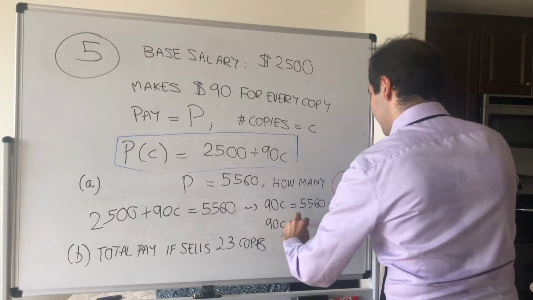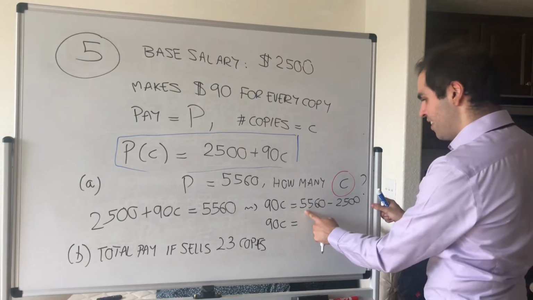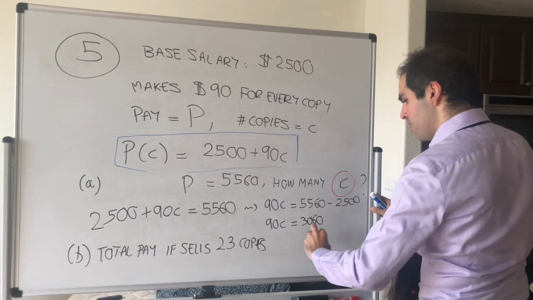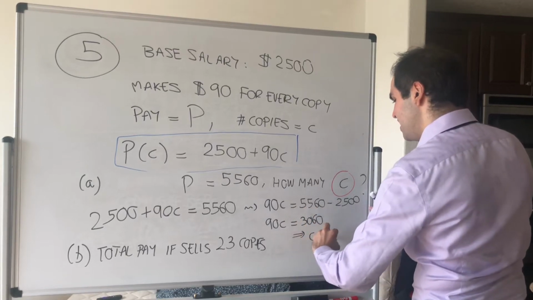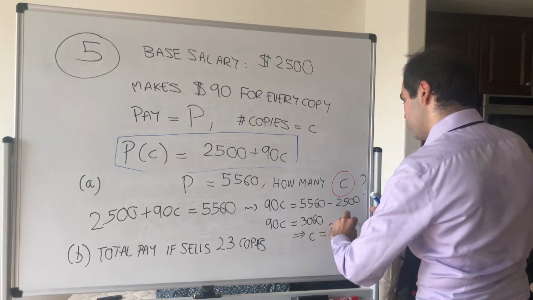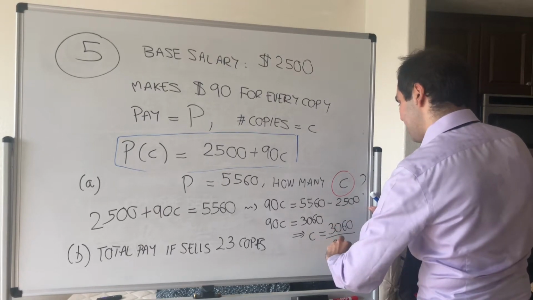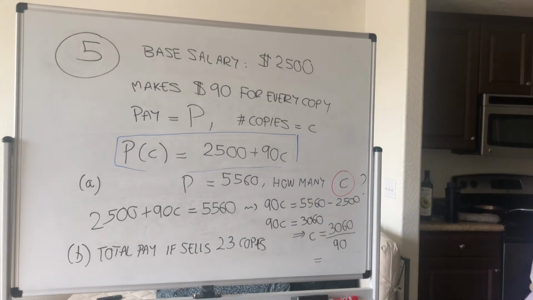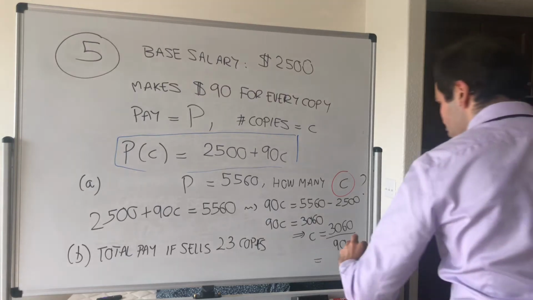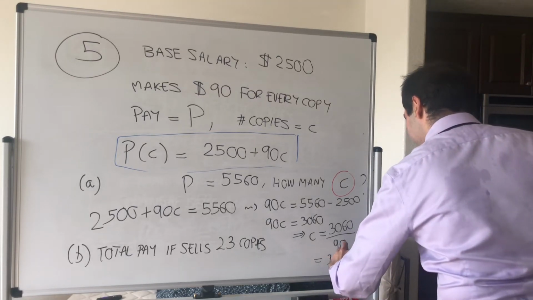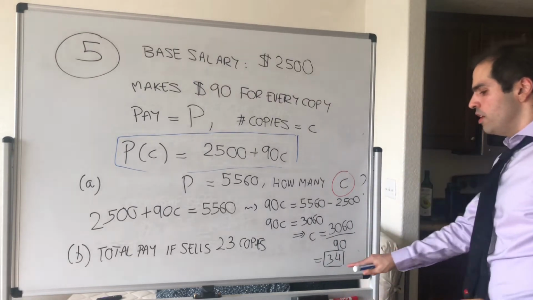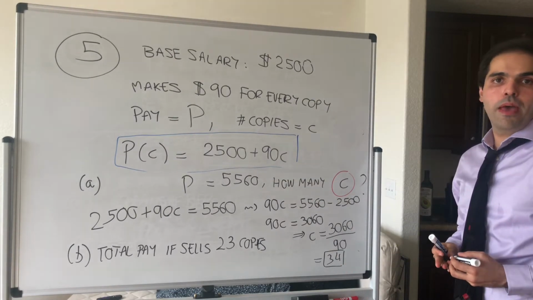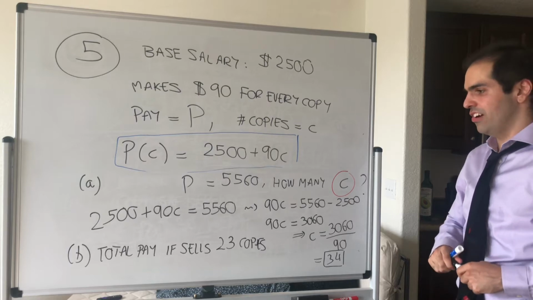So 90C is, you subtract that, I think 3060, which tells you that C is 3060 divided by 90. And then you just calculate this, and at the end you find that this is 34. So he needs to sell 34 copies to get the pay of $5,560.